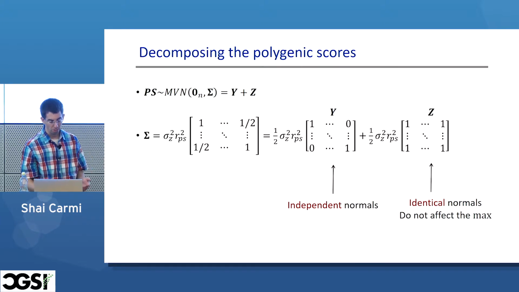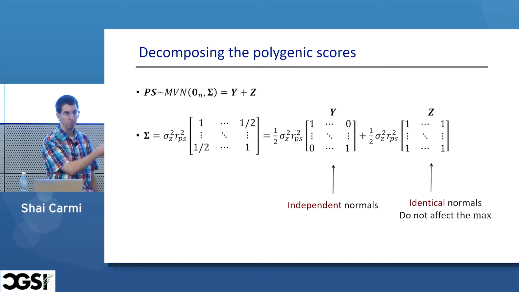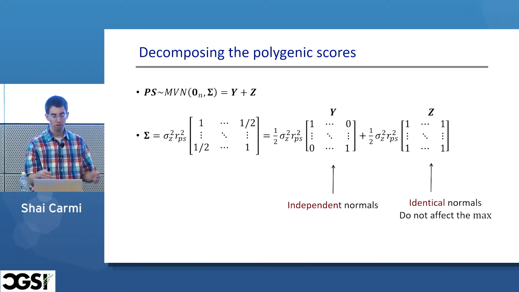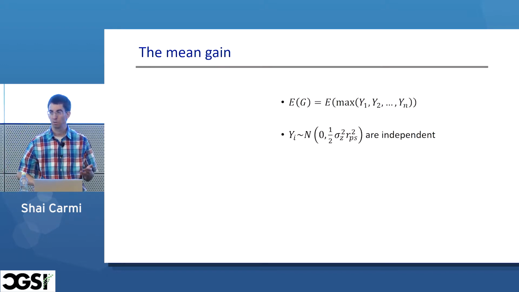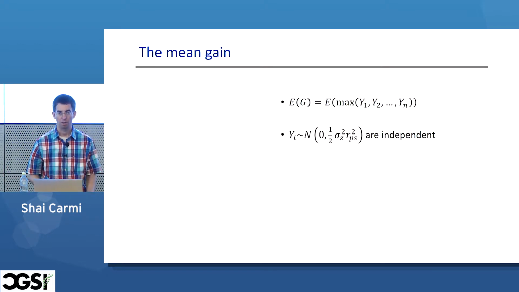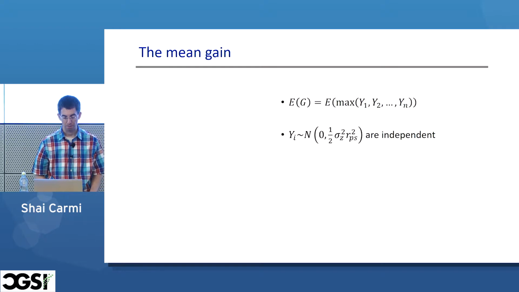Because it's the same variable for all the n children, it does not affect the maximum. So eventually what we get is that the mean gain is the mean of the maximum of n independent random normals. And this is quite a nice result.